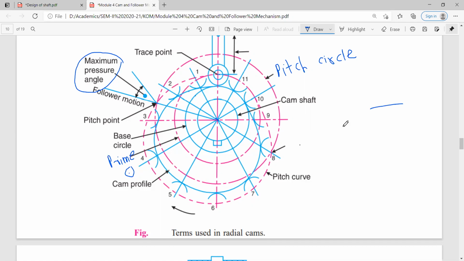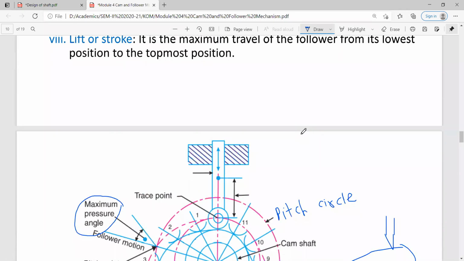And if you consider a knife edge follower, in that case your prime circle will be same as base circle. The base circle will be the prime circle, because in this the pitch curve is on the cam surface itself. Pitch curve is cam profile. So in case of knife edge follower, the construction is little simple, but if roller follower is given, the construction is a little bit complicated. Okay, so that is about prime circle.